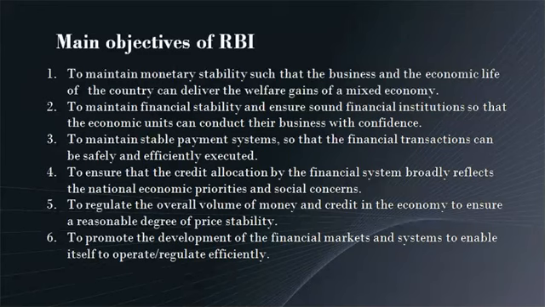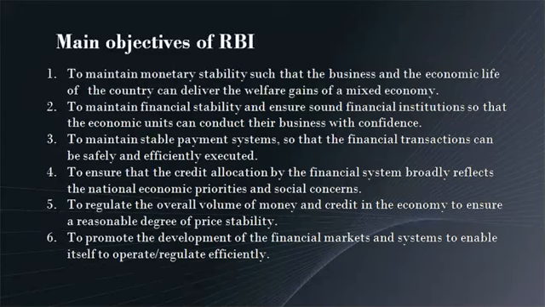They do all this in order to regulate the volume of money. The volume of money should not go very high, because if the supply increases, the value of money starts decreasing, and it should not go too low either. The cash circulating in the economy should be very much under control. So this is also an objective of the RBI.